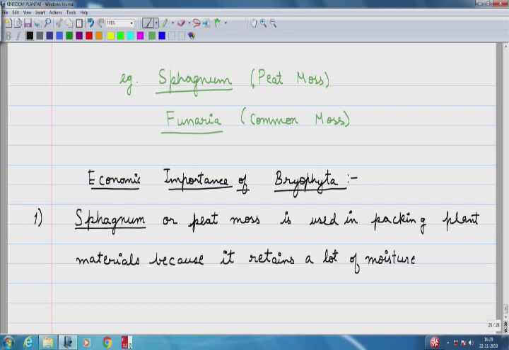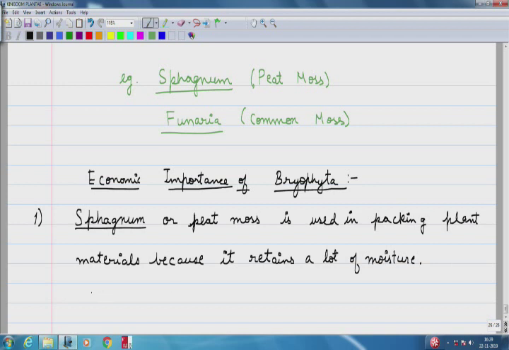So in packing of plants which require a humid atmosphere, we can use sphagnum. It retains a lot of moisture, and the moisture retention capacity of sphagnum is many times its own weight.